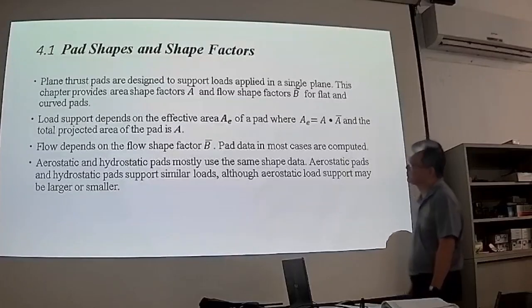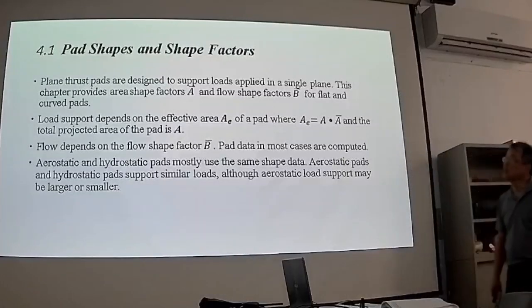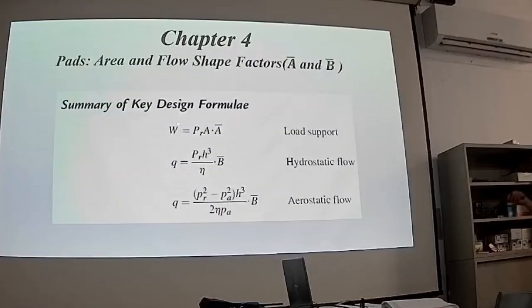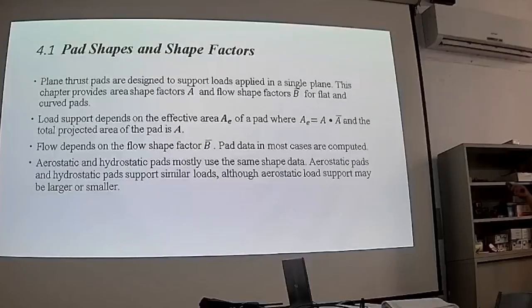The load capacity W is equal to PR multiplied by A and A bar. So this notation A multiplied by A bar is equal to the equivalent pad area, or so-called effective pad area A.